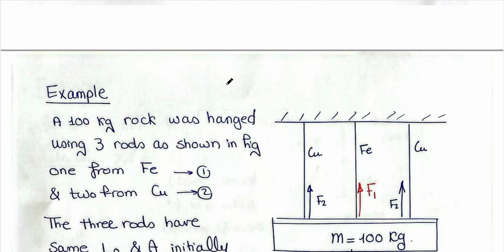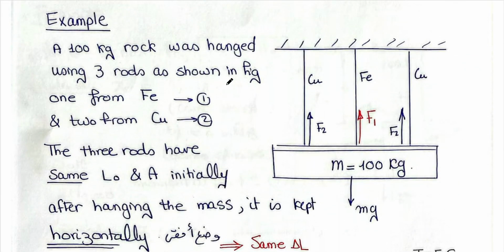In the next example, we have a 100 kilogram rock. This rock is 100 kilograms, which makes mg its weight downward, and it's fixed with three cables or three wires, three rods.